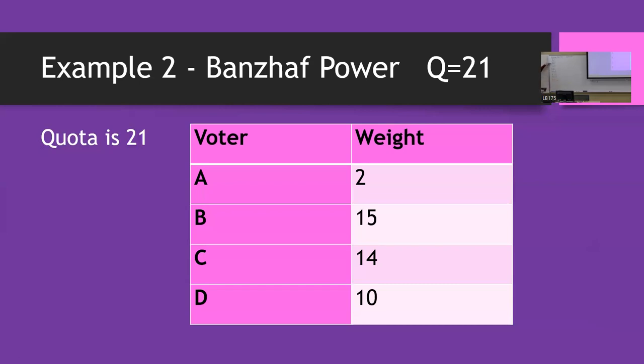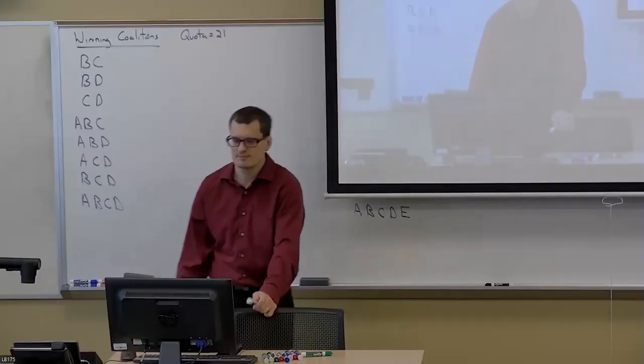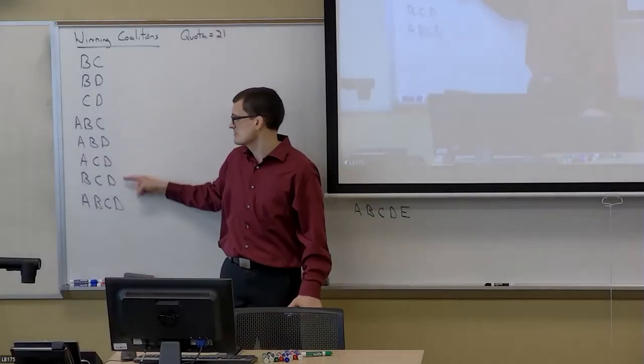So I'm getting 1, 2, 3, 4, 5, 6, 7, 8 different winning coalitions possible.